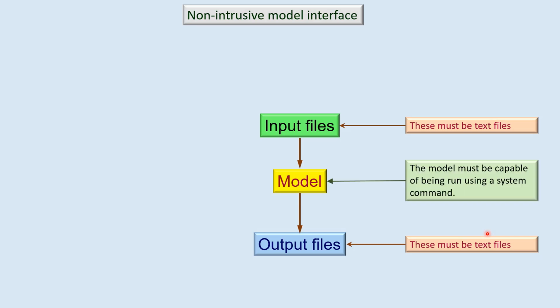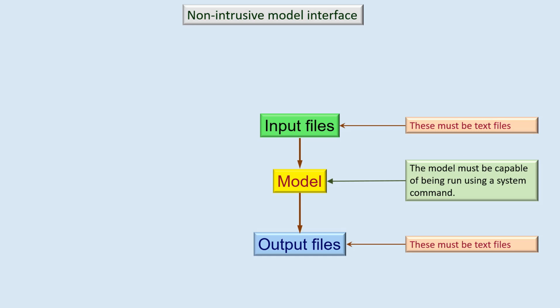So, the model also must be capable of being run using a system command. That is, PEST must be able to use a command, the same command that you would use if you type the model's name into a command line box. Such a command is used by PEST to inform the operating system that it must run the model.